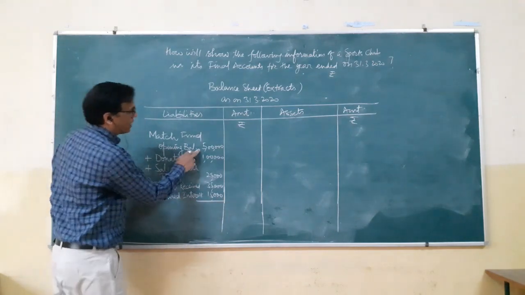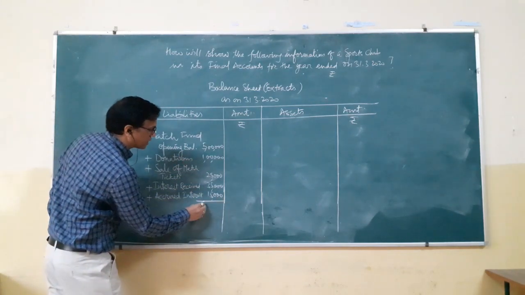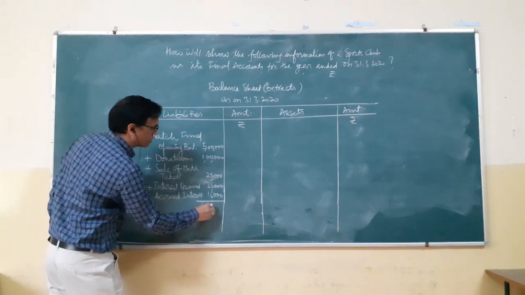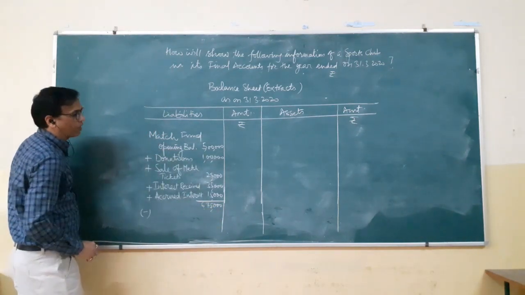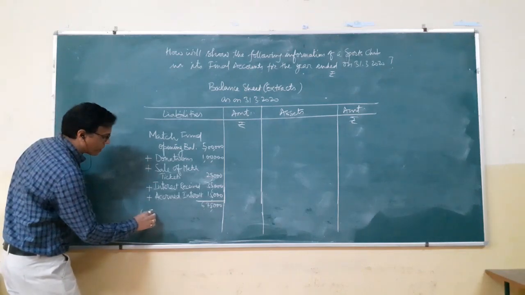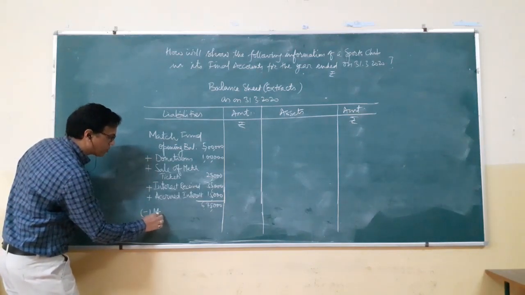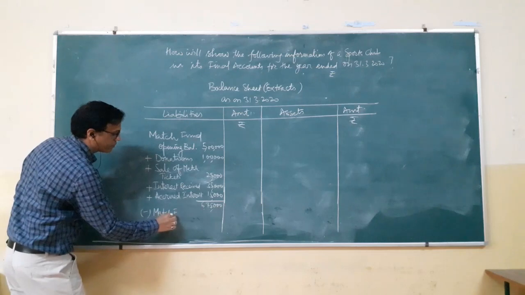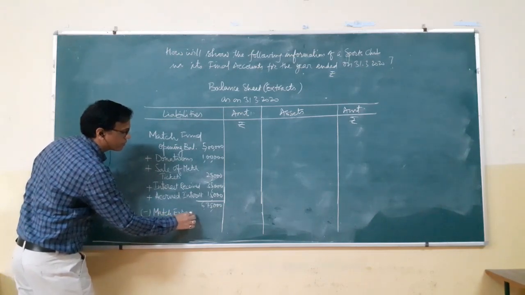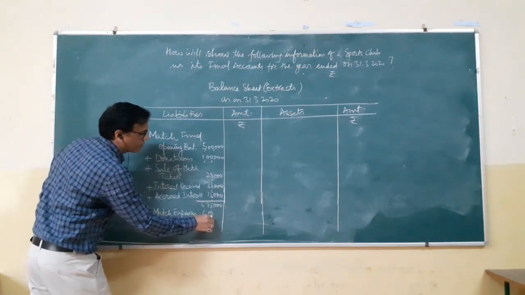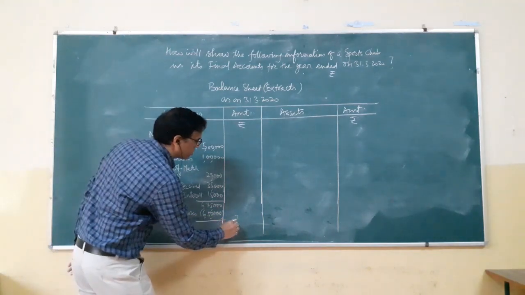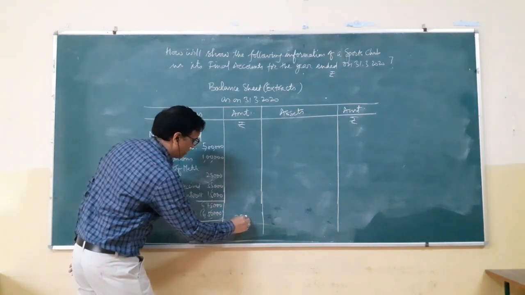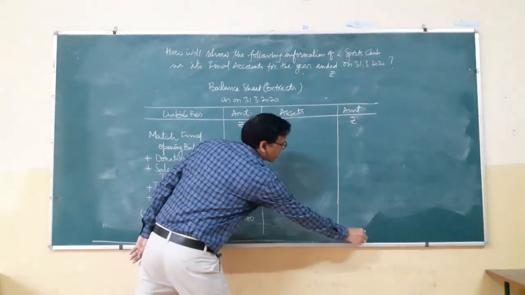Total is 6,75,000 rupees, the total amount of match fund this year, minus match expenses of 6,50,000. So 25,000 is the difference.